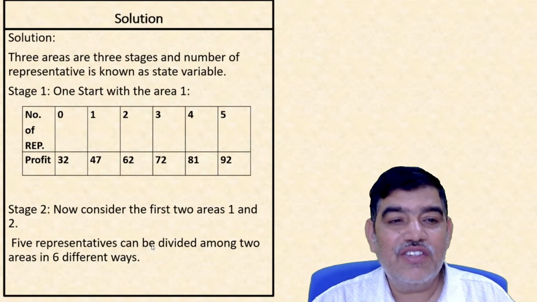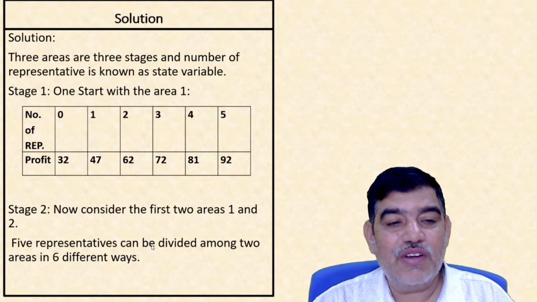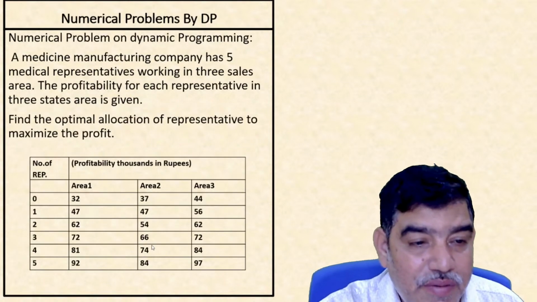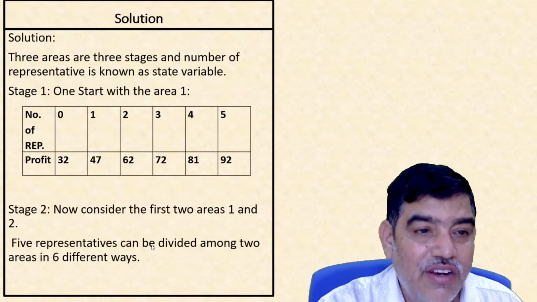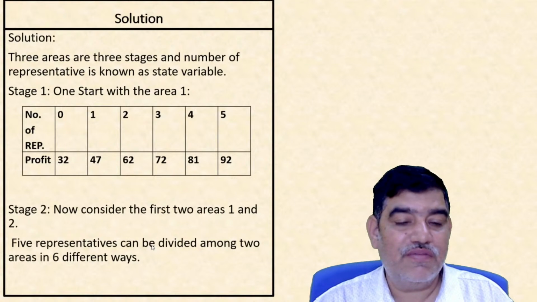First I consider stage 1. In stage 1, I start from area 1. I am taking a single area. That is area 1, that is stage 1. So in stage 1, as per the question, the number of representatives is given for area 1. I mention here the number of representatives 0, 1, 2, 3, 4, and 5.